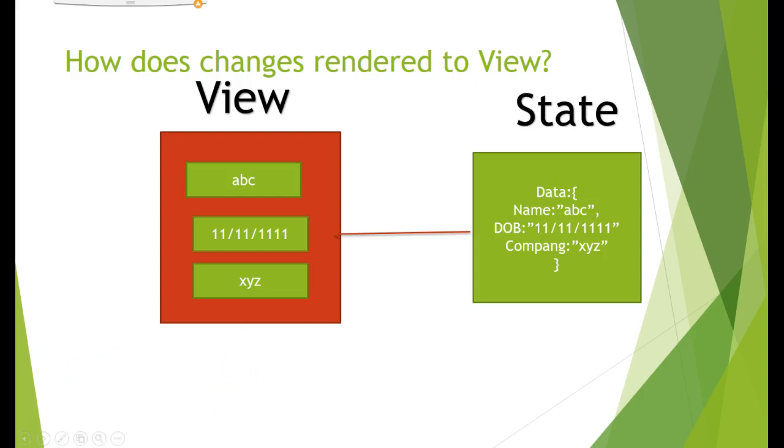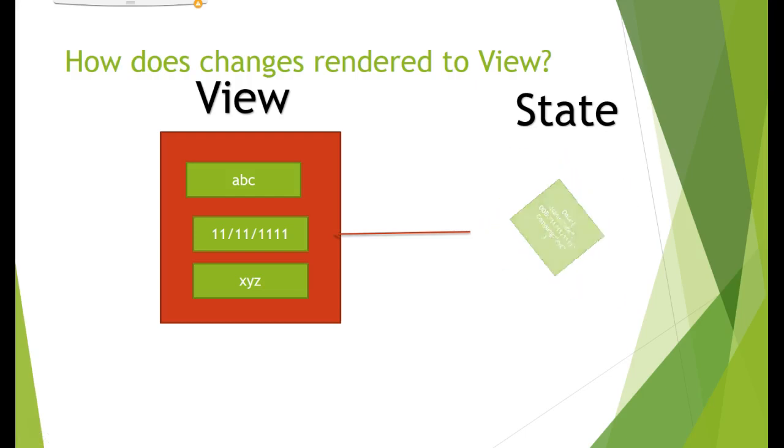For example, let us consider this scenario. I have a state, a data with name, date of birth and company. That is being implied in the view as we have an ABC component, a date of birth component and a company component. So this view is actually representing the data. How in the view will we know that the state has changed?